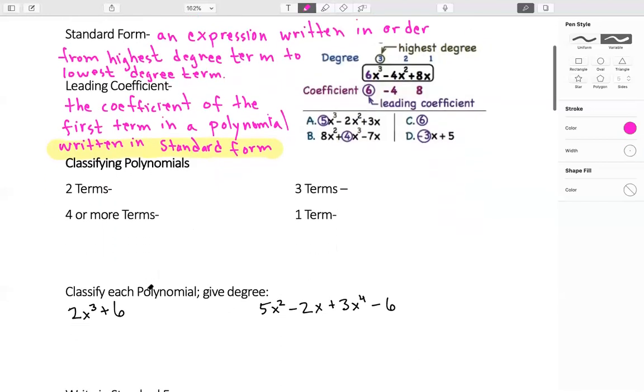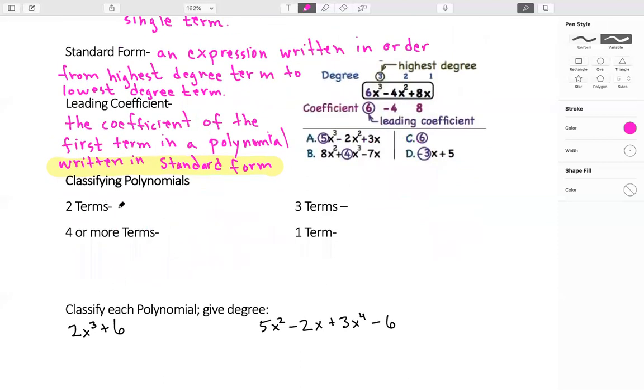Classifying polynomials is pretty simple. If we have two terms, we use the prefix bi and we say binomial. So a binomial is one with two terms. An example would be D right here. That's two terms. Three terms would be a trinomial. Three terms here, A and B, these are both examples of trinomials.